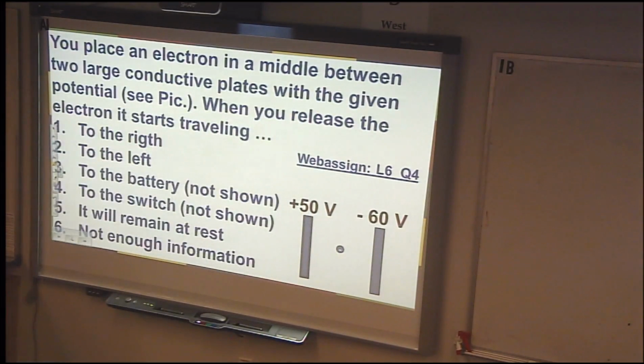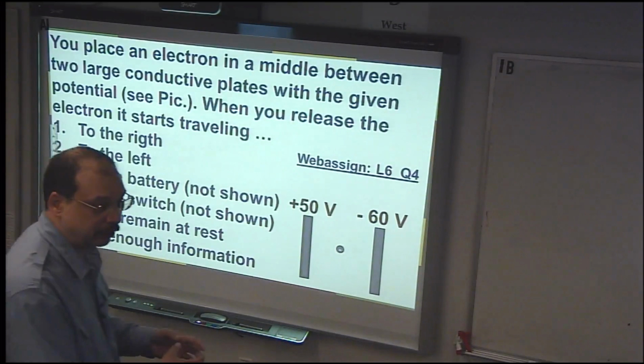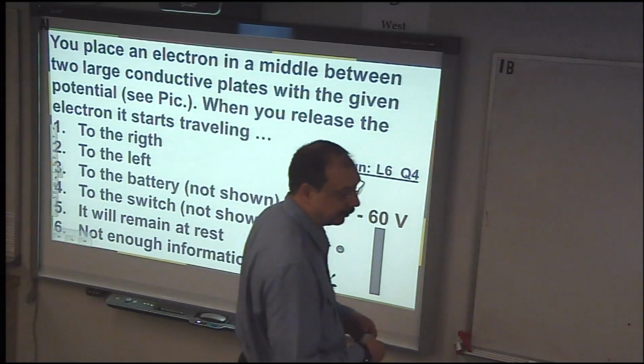Electric force, charge, and something else is related. What? Electric force, charge, and what else? Related by one equation. What equation should we write as a connection between electric force, a charge, and electric field? Exactly.